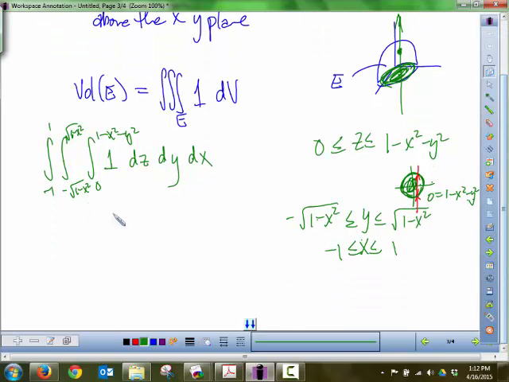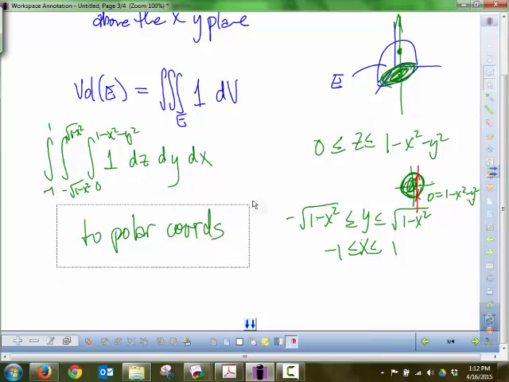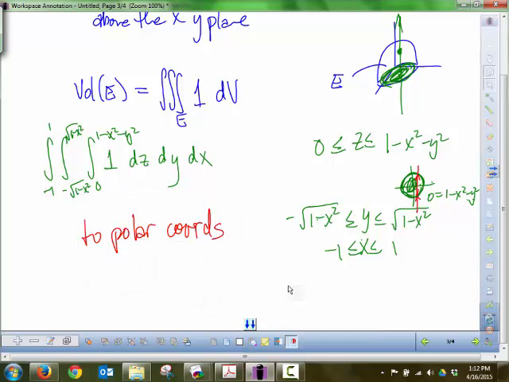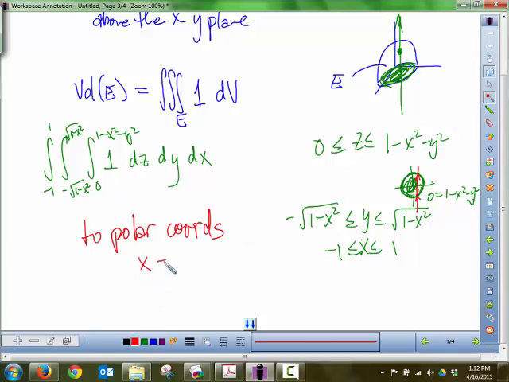So we want to essentially go to polar coordinates, but we want to be able to describe polar coordinates in 3 dimensions. And so what we have here is the same relationship that we've had in 2 dimensions, but then we have to account for a z component as well. So we just say z is not going to change. We'll just call it z.